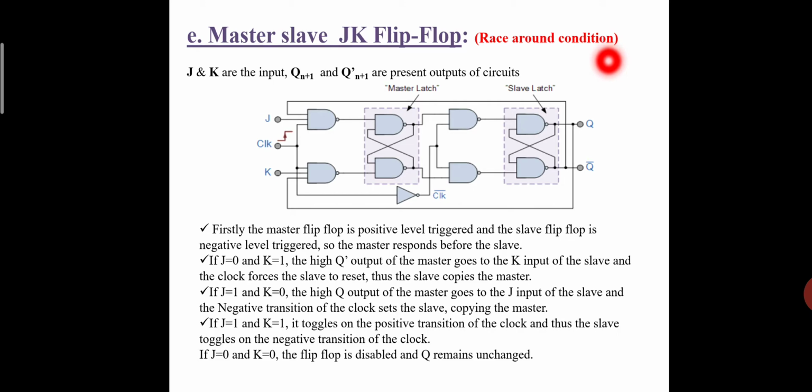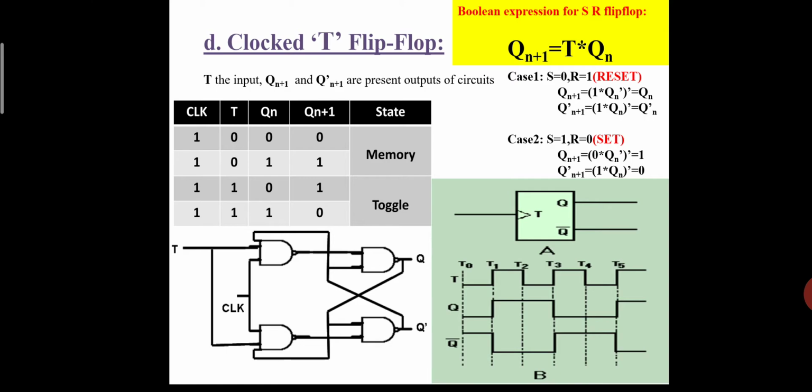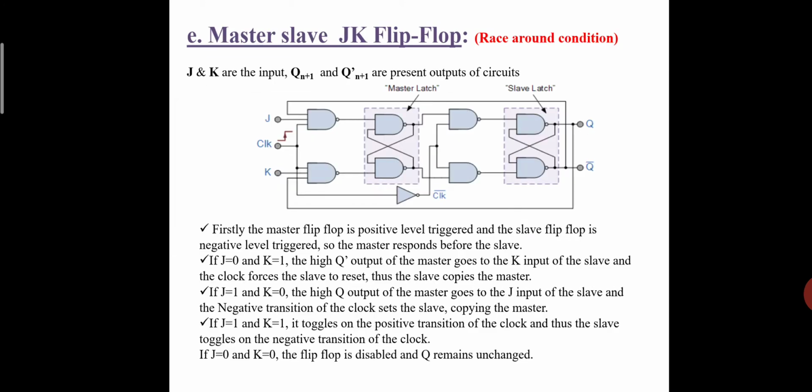Race around condition means, in achieving the toggle state, if the clock pulse keeps on continuing, that means if the clock period is too long, the JK flip-flop will get confused, or it will come into an equilibrium condition, because it will not give any output without the application of clock pulses. Therefore it gets confused, or it is in an equilibrium state. It won't understand the status of the output.